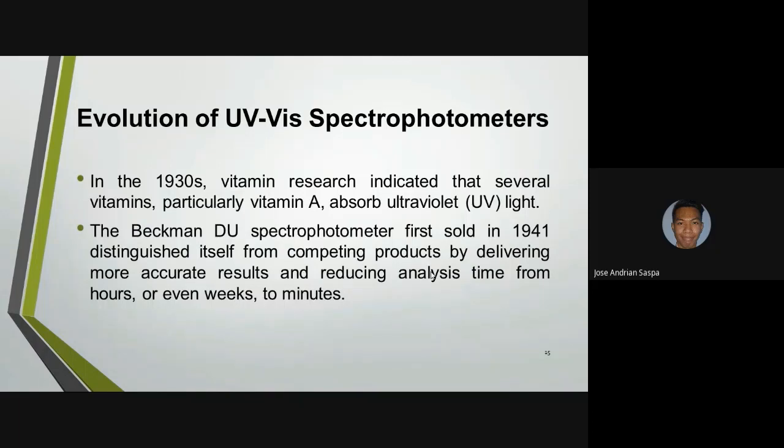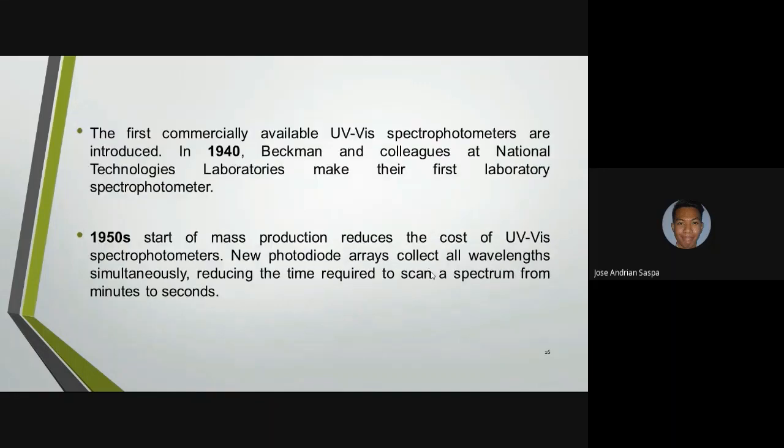In 1941, the Beckman DU spectrophotometer was first sold, delivering more accurate results and reducing analysis time from hours or even weeks to minutes.